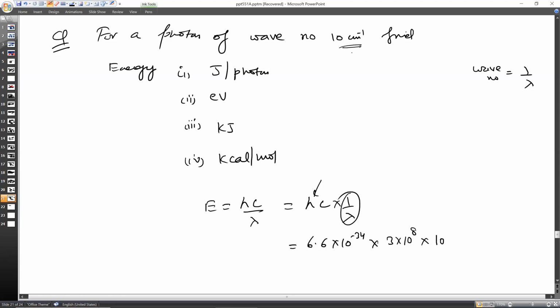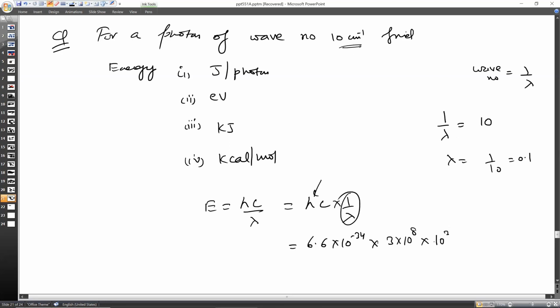What is the wavelength of this? If 1 by lambda is equal to 10, then the wavelength will be 1 by 10, that is 0.1, and 0.1 if you write it in terms of meters, then it will become 10 to the power positive 3.